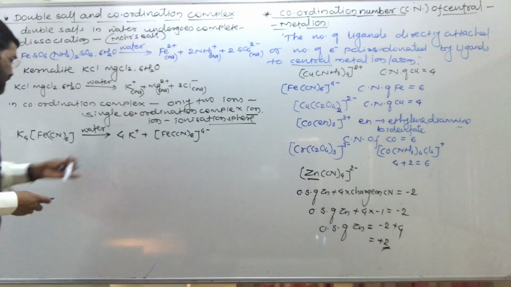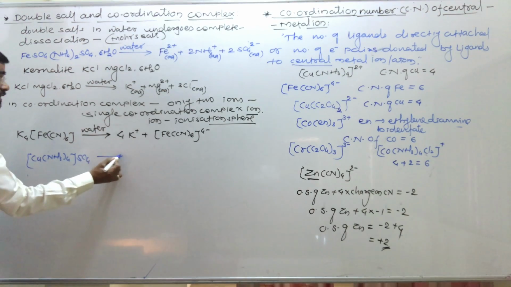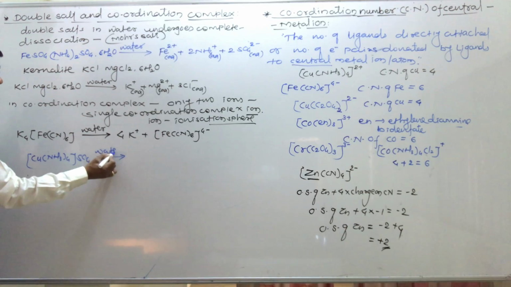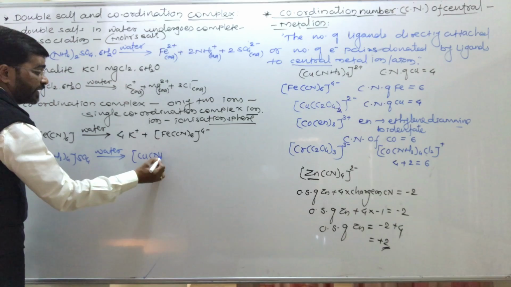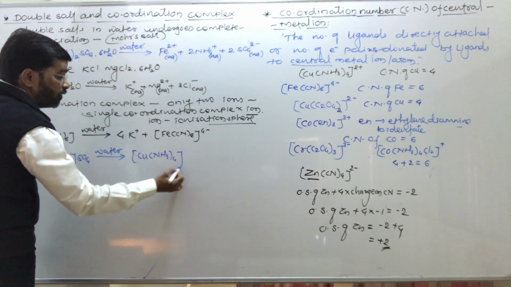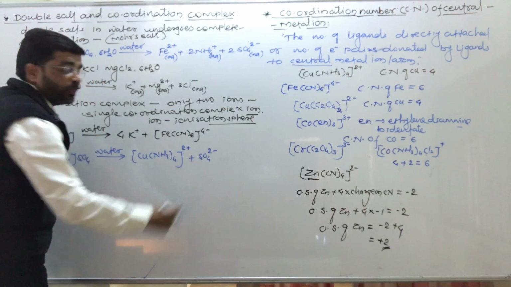See another example, that is [Cu(NH3)4]SO4. When this is added in water, then there is formation of [Cu(NH3)4]2+ with 2 plus charge, and SO4 2- with 2 minus charge.